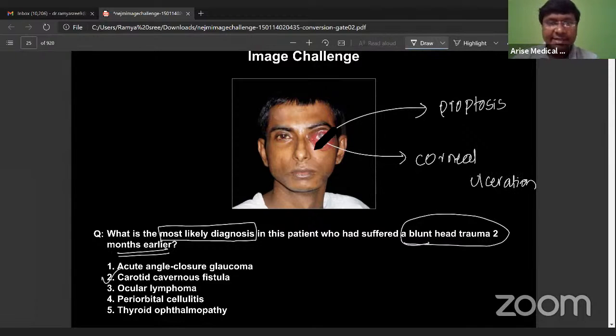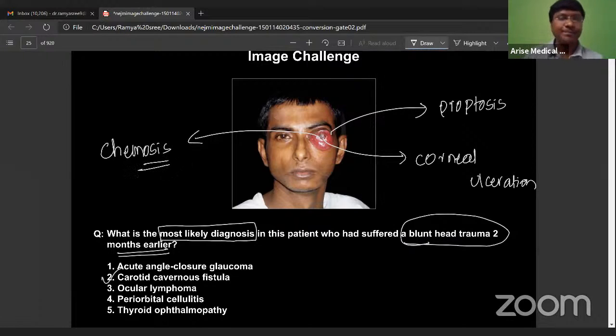And the individual is also having chemosis. Chemosis is the edema of the conjunctiva. Conjunctival edema is nothing but your chemosis. So proptosis, chemosis, as well as corneal ulceration, that is what will give you a diagnosis of the carotid cavernous fistula.